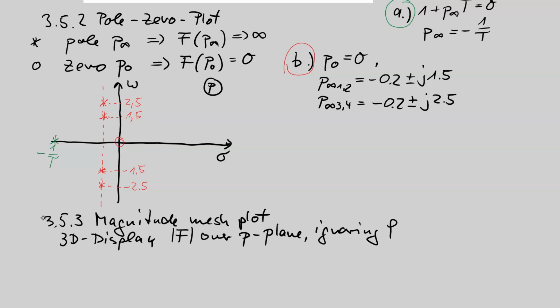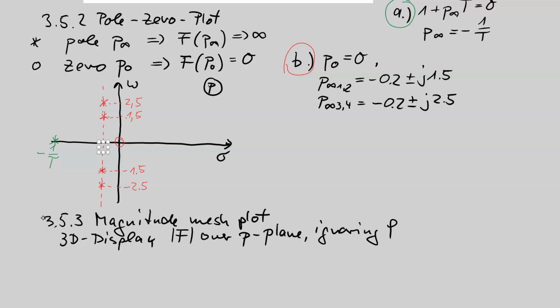I display F magnitude over the p-plane. That means for each point in the p-plane, vertical to this, vertical out of my display, I make a point for the magnitude value. That is the magnitude mesh plot.